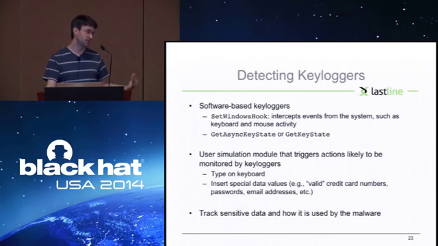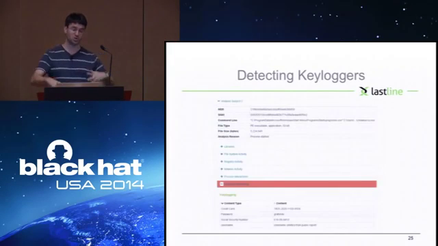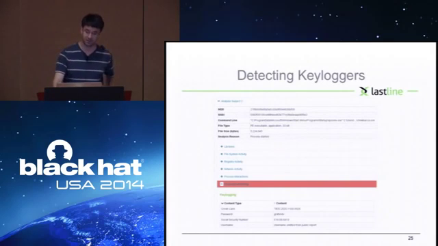And that allows us to make determinations like this, where we can say, hey, we've seen that there's some stealing activity going on. The process not only hooks keystrokes, but it takes that information and maybe sends it over the network in an encrypted form. And then we can also tell you what kind of data has been leaked.